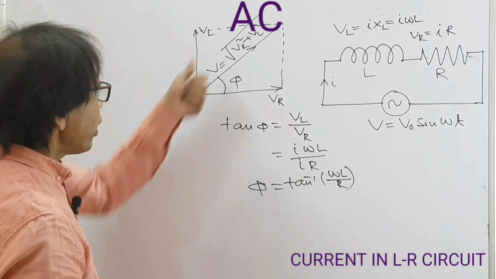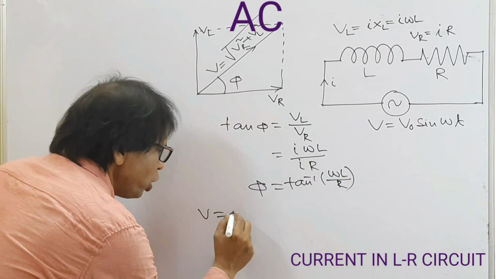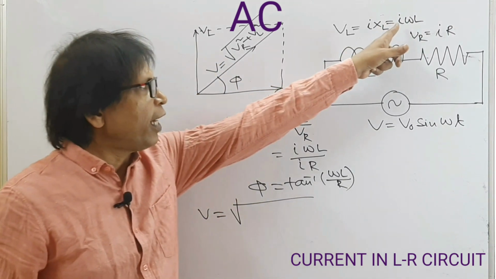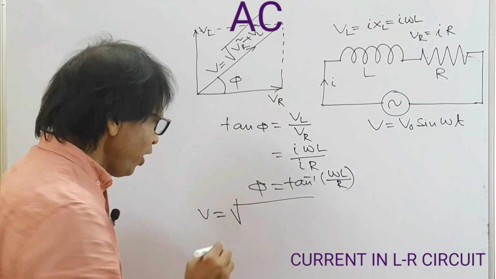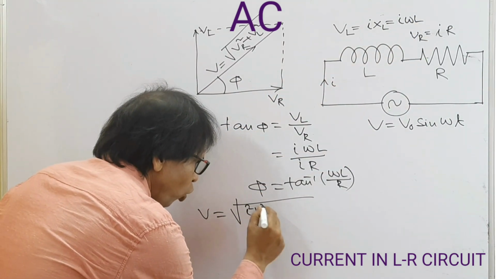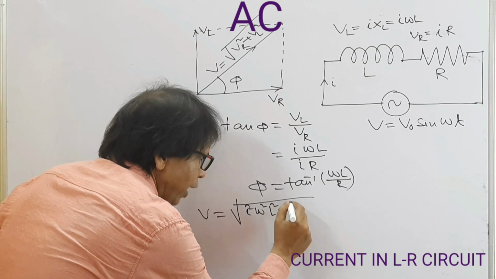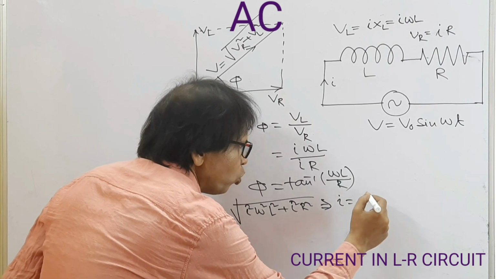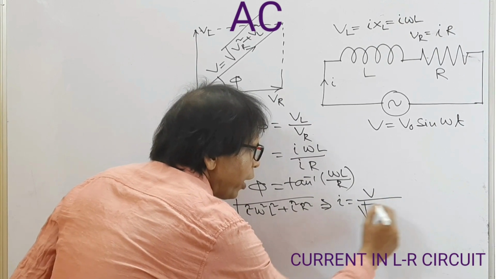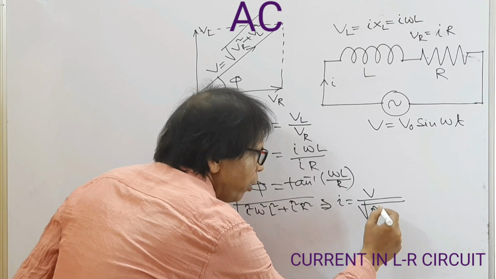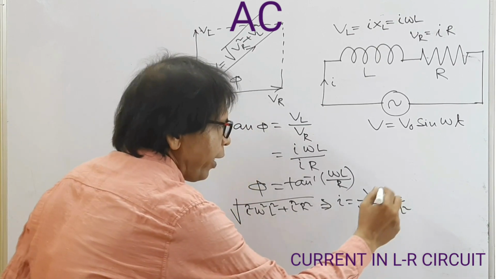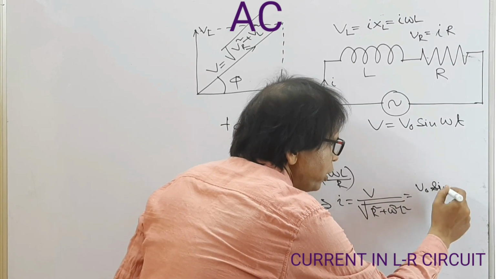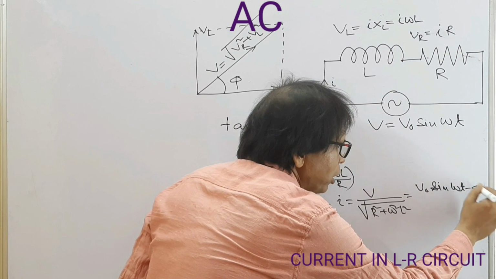Now V equals the root of VR square plus VL square, so this is I square omega square L square plus I square R square. So I equals V divided by the root of R square plus omega square L square, and V equals V naught sine omega t minus phi.